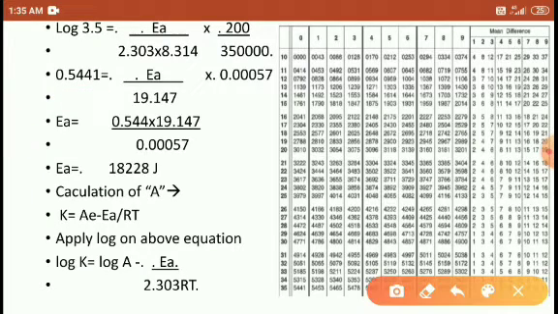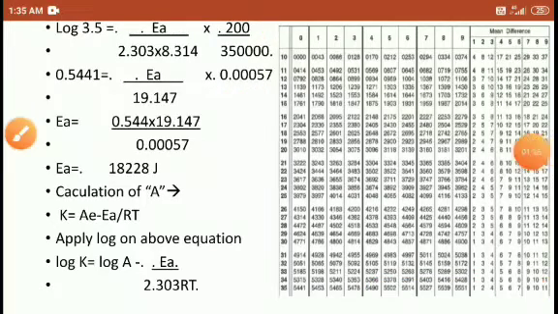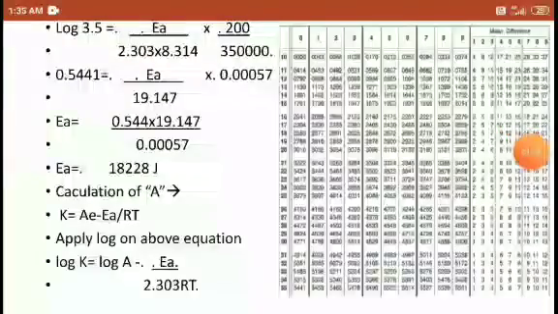Right, students? So Ea by 2.303 R, that is 19.147, and when we divide 200 by 350000, we get 0.00057.